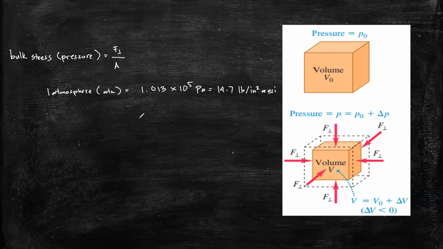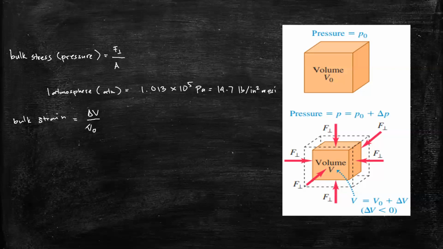The corresponding strain is the fractional change in volume, that is, the ratio of the volume change to the original volume. So bulk strain is equal to the change in volume divided by the original volume.